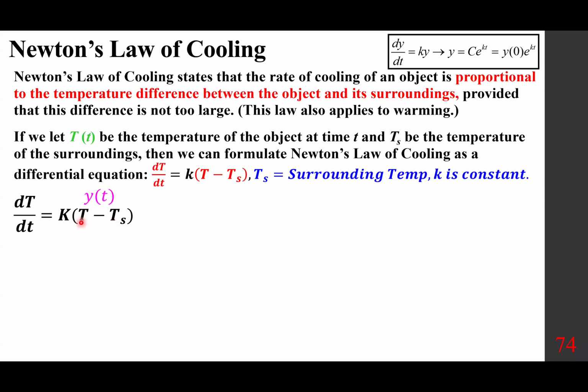We let capital T minus T sub s be some function y of t. If this is y, that means this is k times y. So dT/dt is k times y. Again, we let this be represented by this function. Therefore, y of t is this function.